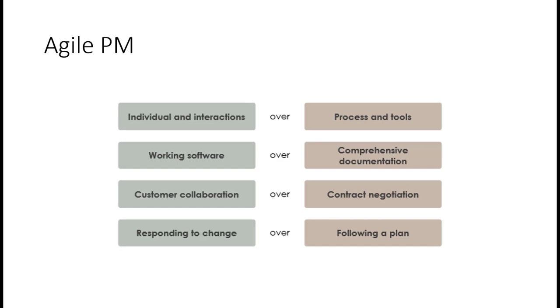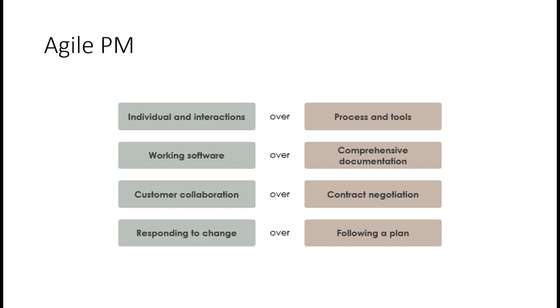So the traditional approach to project management is often referred to as a waterfall method. And it's because we plan everything out at the beginning, and then one step flows into the next in perfect sequence. So it sounds logical, but it can actually become rigid, bureaucratic, and hierarchical.